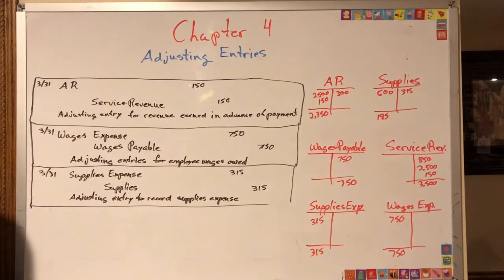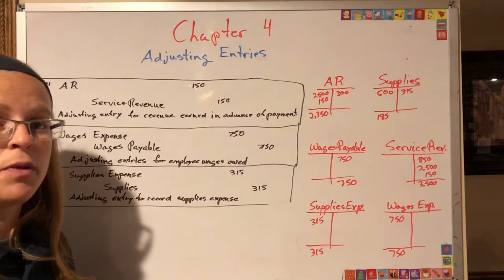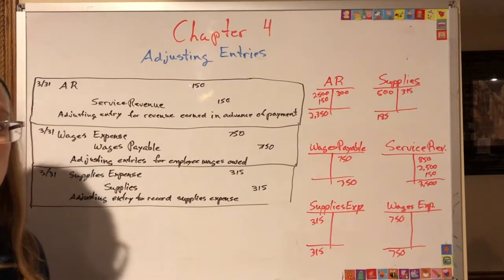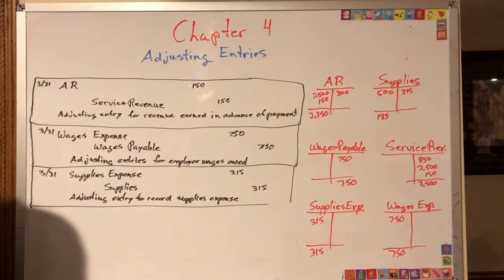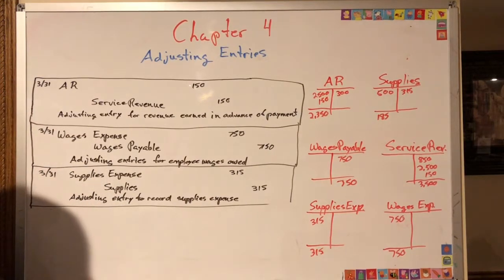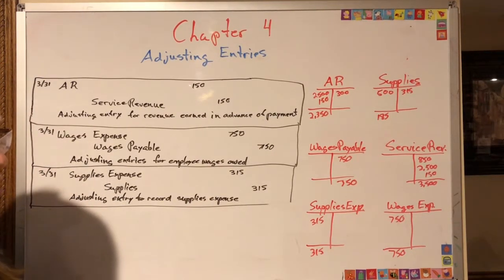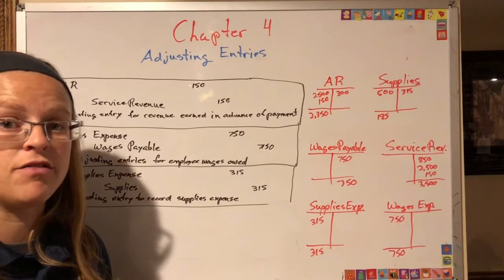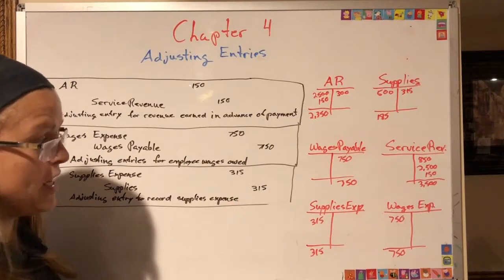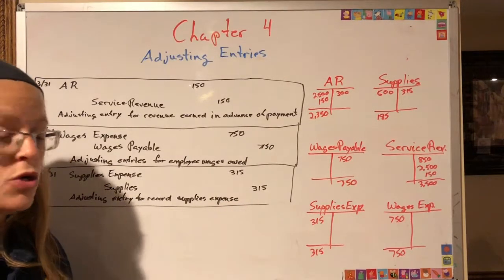Supplies expense. So Ann purchased supplies on March 4th, and on March 31st, she did her accounting records, and she found that she only had $185 worth of supplies left. So we subtracted the $185 from the total $500, and we got $315 worth of supplies were used up.